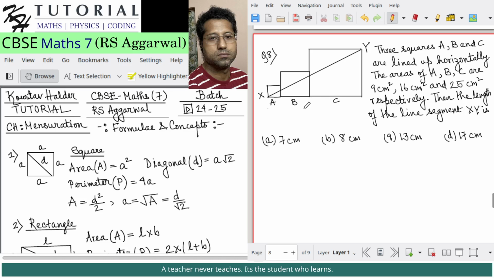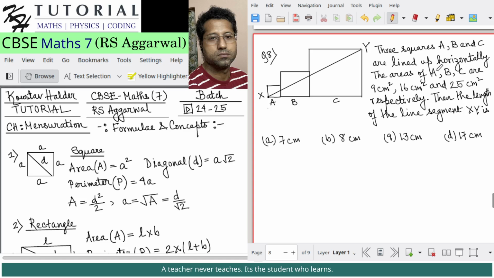You can consider that ABC are the names of the squares, and the bottom left corner of the smallest square is X, and the top rightmost corner of the largest square, the rightmost square, is Y. If we join XY, we have to find the length of XY.